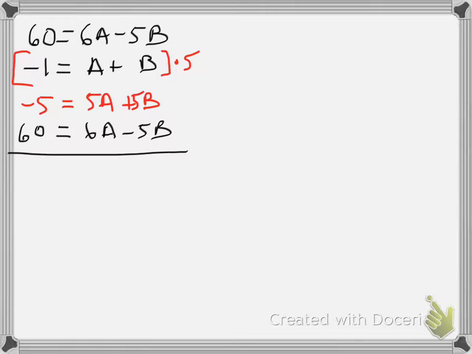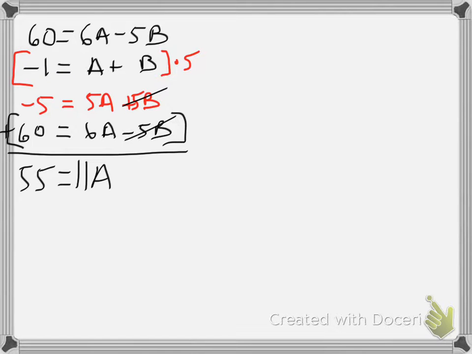Let's add those two equations. We're adding them. So this looks like it gets 55. You add in the equation, so it's 11 A's, and then these cancel out.